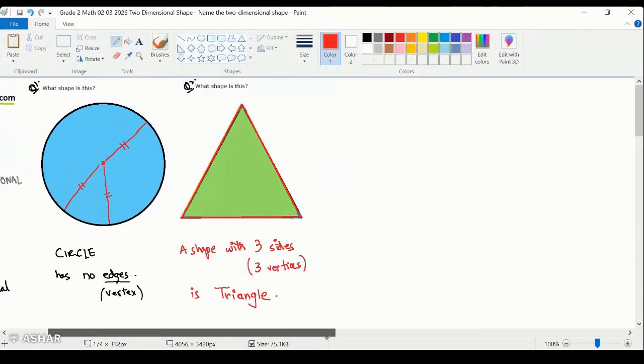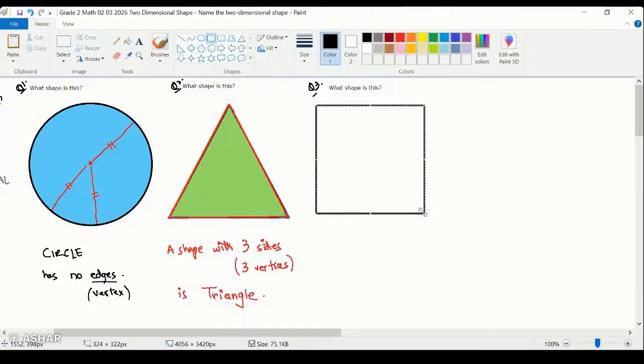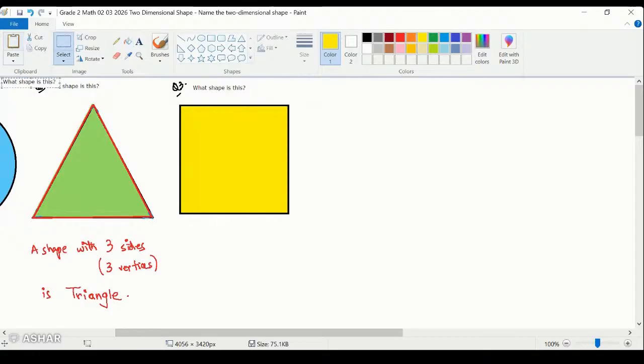Okay. Let's look at another example. Question number 3, they are saying, what is this next shape? If the given shape to us is this, what is the name of this shape? I'll do question number 3 and question number 4.